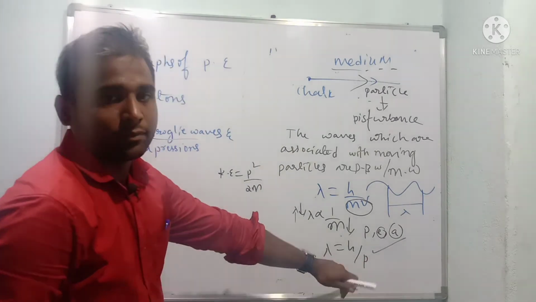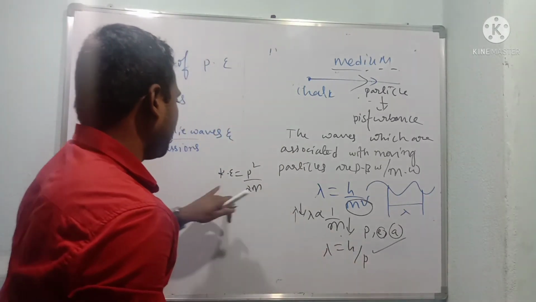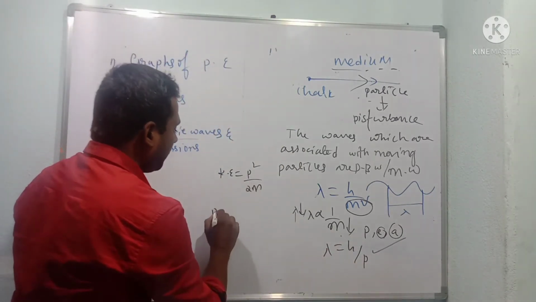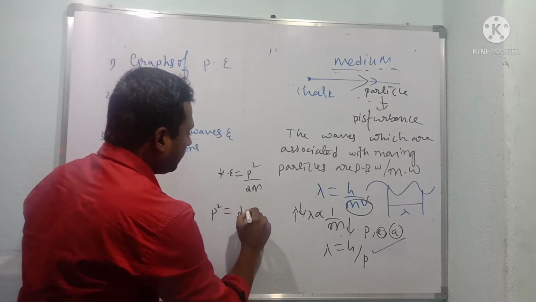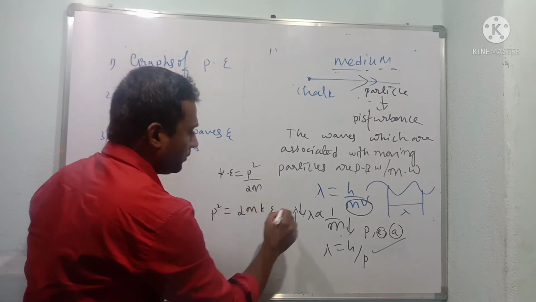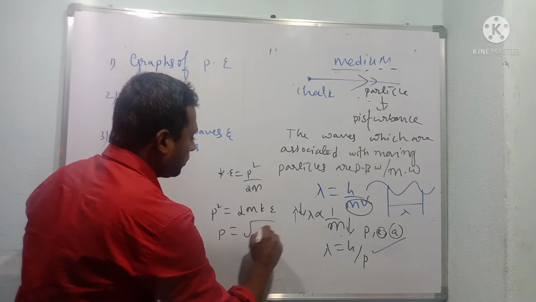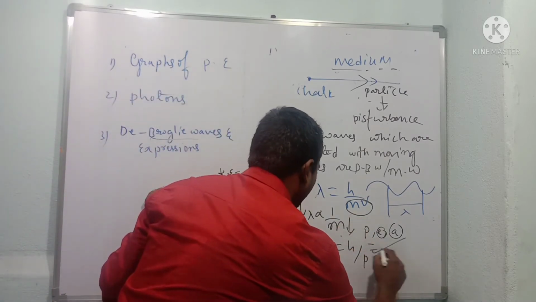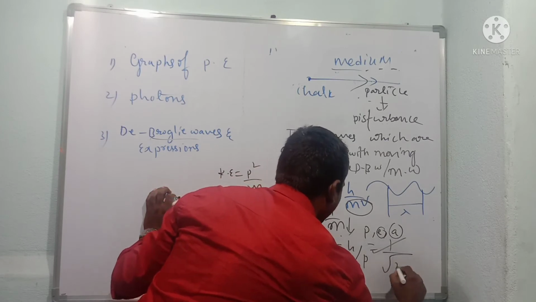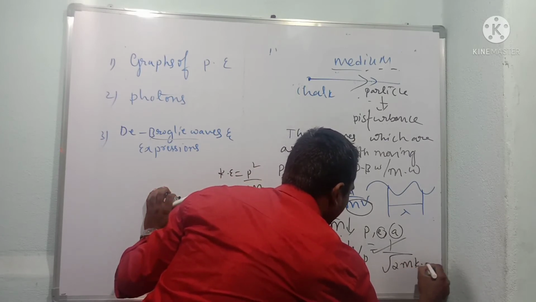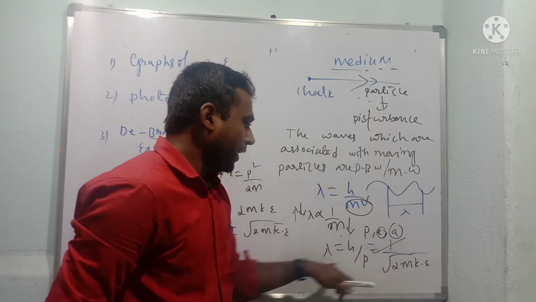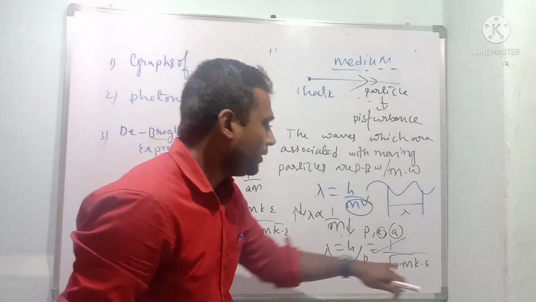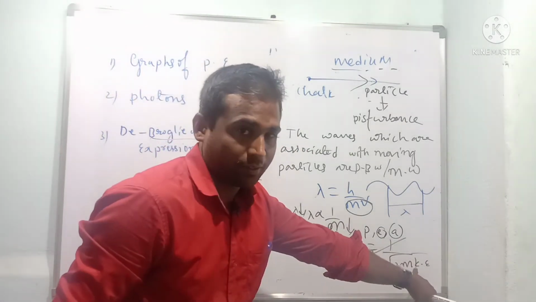Shortcut method. Now p² is equal to 2m times KE, so p is equal to √(2m KE). I'll substitute here, and it becomes lambda is equal to h divided by √(2m KE). This is the expression for de Broglie wavelength in terms of mass and kinetic energy.